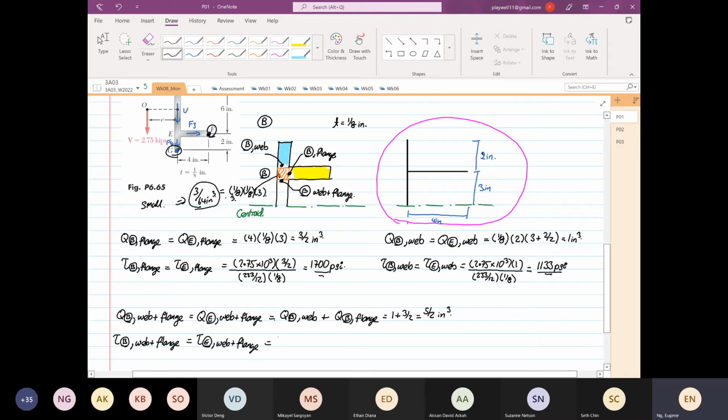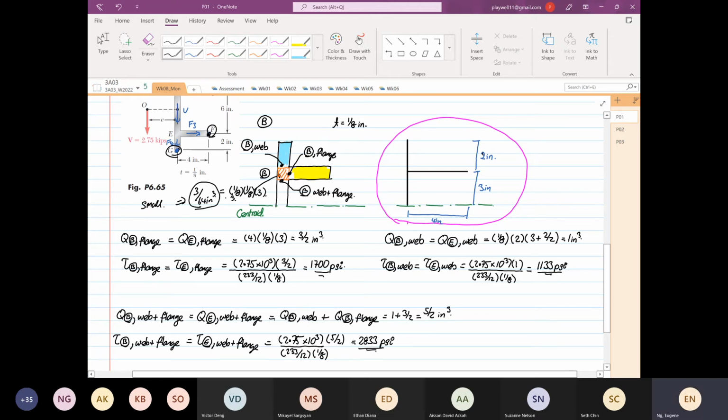So everything is the same: 2.75 times 10 to the power 3 divided by 233/12, 1/8, and then this is 5/2. So this will be 2.75 times 10 to the power 3 divided by 233/12 divided by 1/8 times 5/2, which is 2832 or 2833 psi.